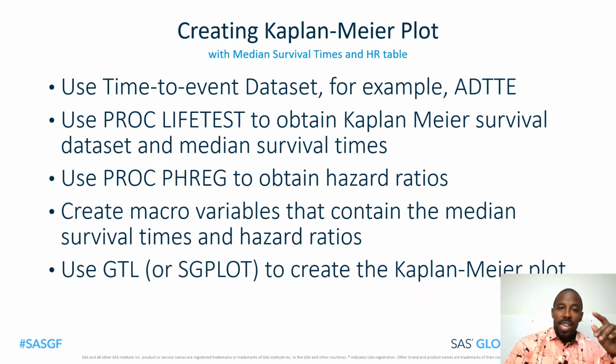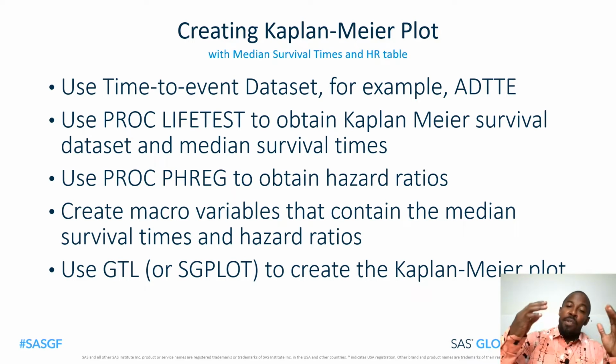The second step is, once you have your time to event dataset, you can use the LIFETEST procedure to obtain the Kaplan-Meier survival dataset and also get the median survival times. If hazard ratios are also requested, you can use the PHREG procedure to obtain the hazard ratios.